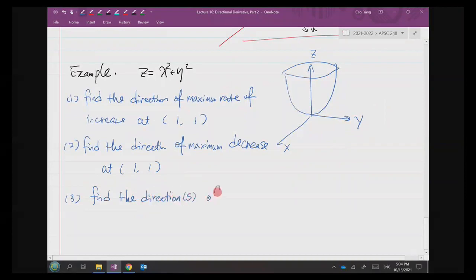Find the direction or directions of 0 change in f at 1, 1. All right, so basically it's the three properties. Let's see how that plays out for this specific example. So 1, 1 will be somewhere here.